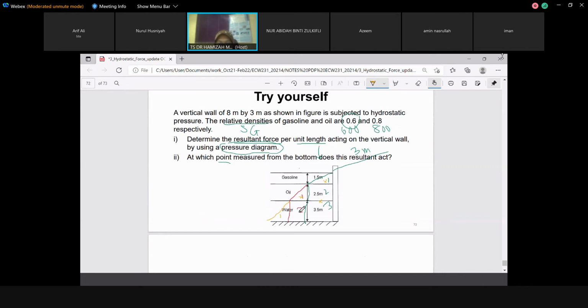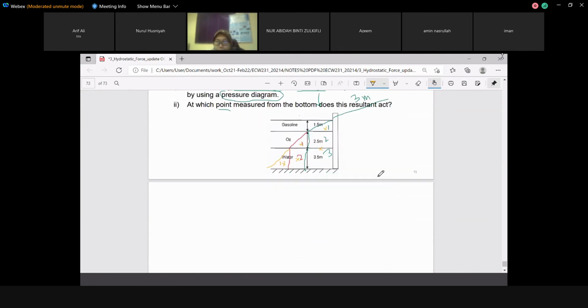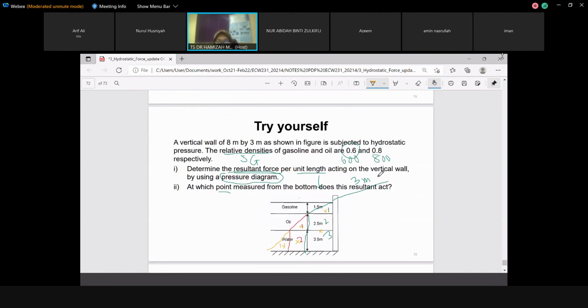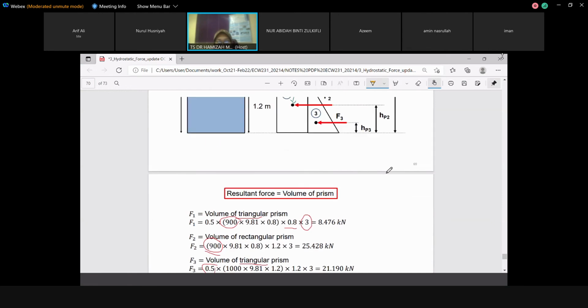And also HP for this part. Lastly, HP here. Okay, you can try this one. You follow this step first. Later we will discuss these 2 questions. 1, 2.